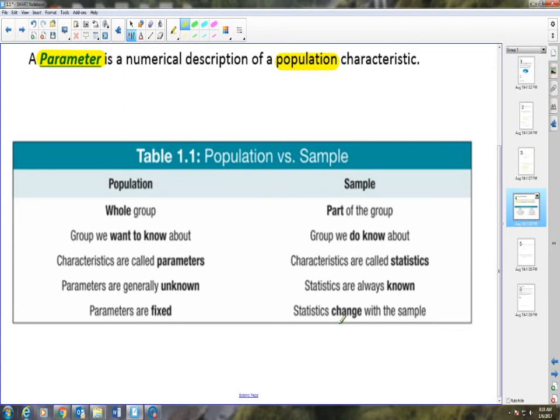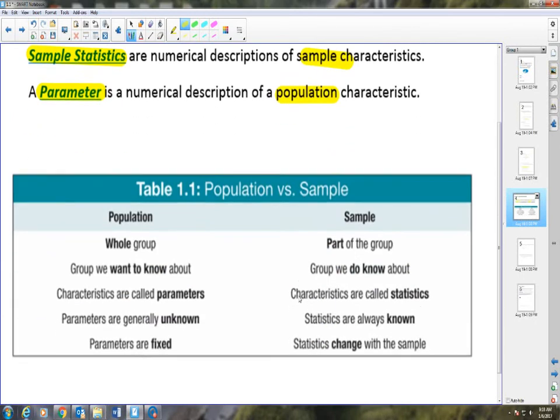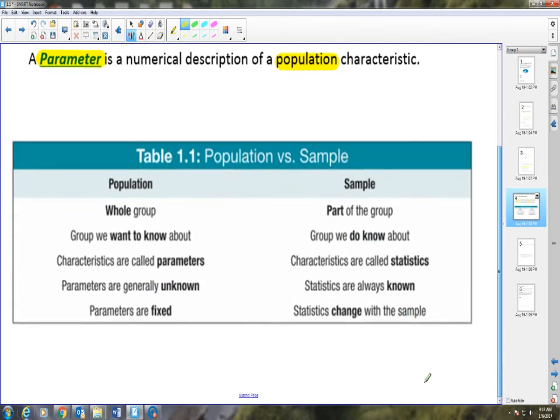So statistics change within the samples, and that's a very strange idea. Why does the sample statistic change based on the sample? Because, as you know, people living in different parts of the United States are different. Using median household income for example, median household income is going to be higher in the northeastern states compared to the southeastern states, because northern states are generally more populated in the major cities.